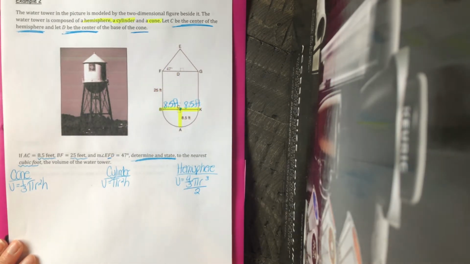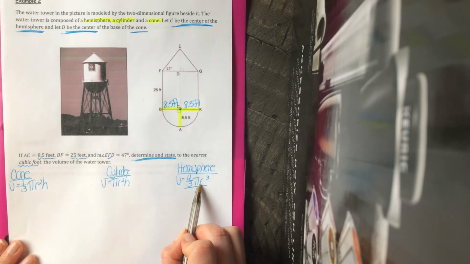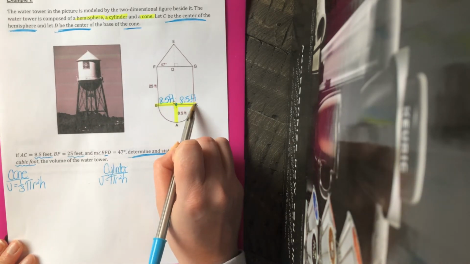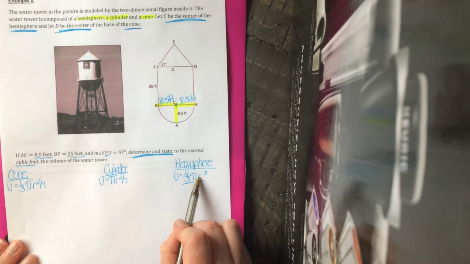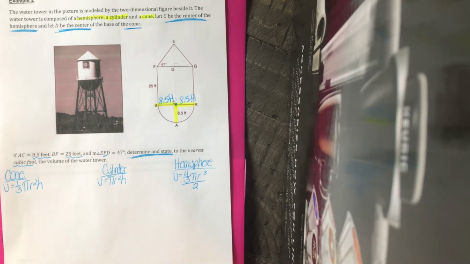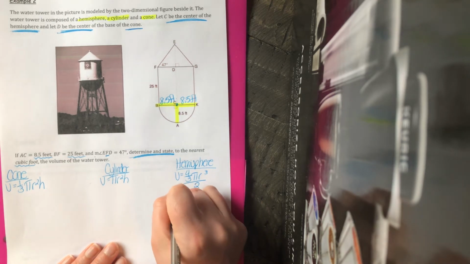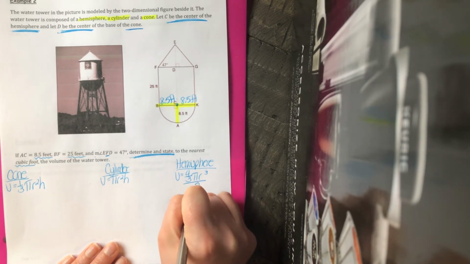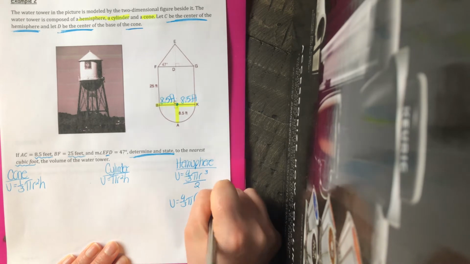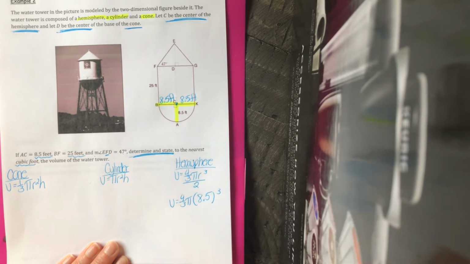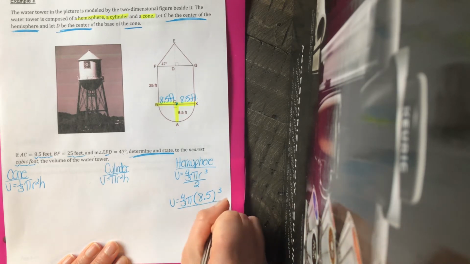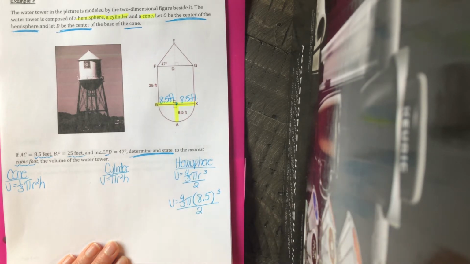All right. So now that I really do know my radius, which is the center to a point on the circle, any of these would have been a radius, I can plug in and at least get the volume of the hemisphere. So I know again that volume is 4/3 pi r cubed. I know that my radius is 8.5, but I'm only finding a hemisphere, so I have to divide by 2.